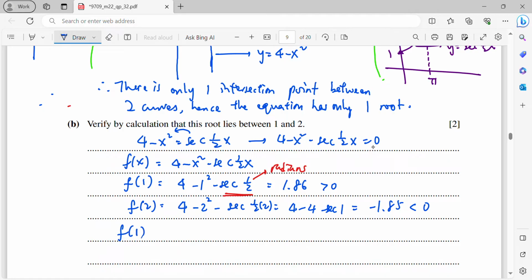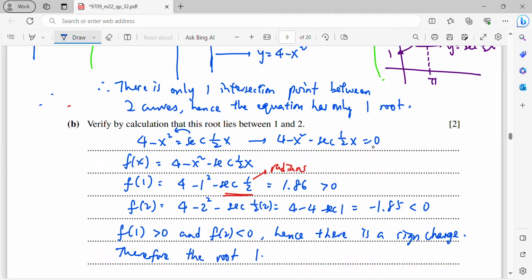Then you just write here f(1) is greater than 0 and f(2) is less than 0. Hence, there is a sign change. When there is a sign change, therefore, the root lies between the two values. So that's the solution of this question.